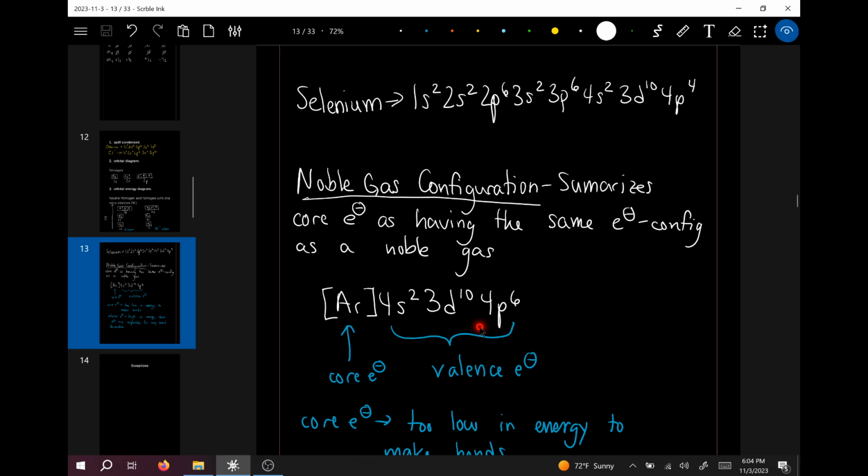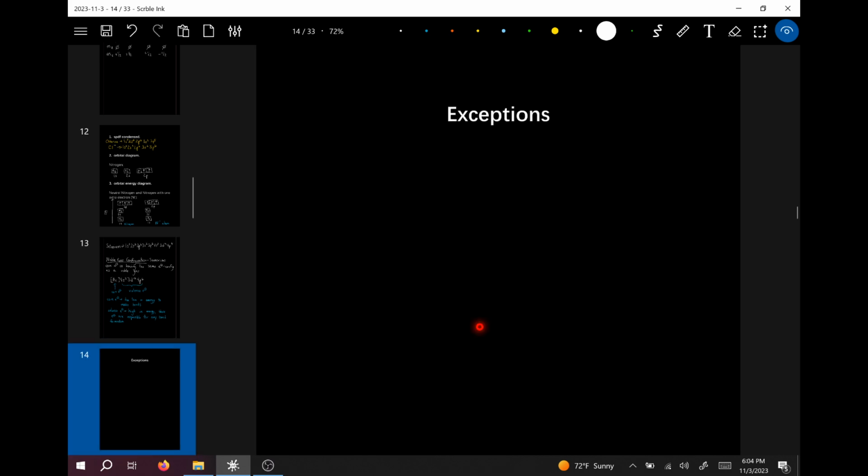All right. We have exceptions. There are some exceptions. Unfortunately, and this is strictly for our transition metals, there are only two columns that we have to worry about. And fortunately, those two columns are both in the transition metal block. They're both d block elements, all 6 of them.